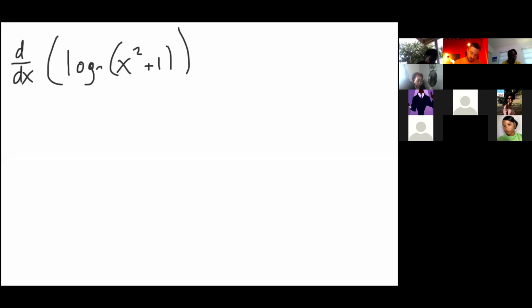I can write an 8. All right. So when I take the derivative of this, yes, I know I'm going to have to take the derivative of a log function because I see a log function there. But that's not the only thing that I see. I don't only see a log function. What else do I see inside of there?